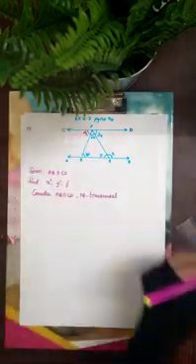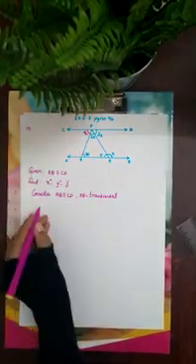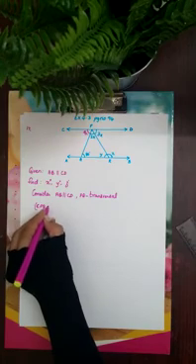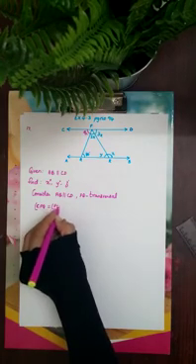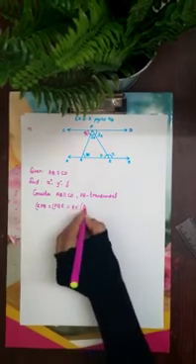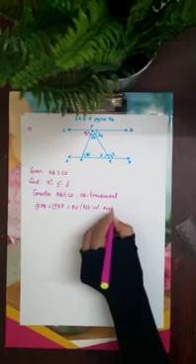Why can we say like this, children? Because alternate interior angles are equal. So, we can say that angle CPQ is equal to angle PQR is equal to 80 degrees and the reason is alternate interior angles, they are equal.